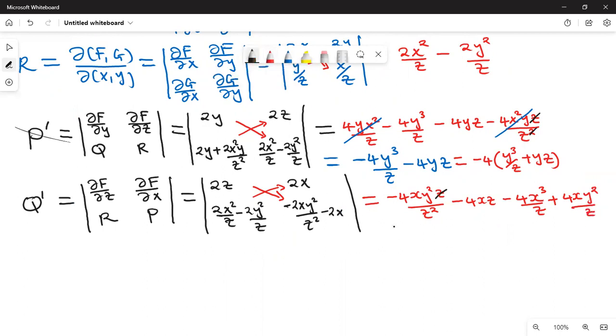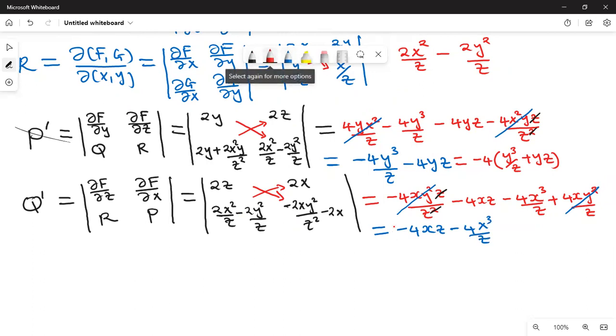This z will cancel with one of the z, so that we have negative 4xy squared over z. And also the last term is positive 4xy squared over z. So those two will cancel. The whole of this term will cancel with this. So we remain with negative 4xz minus 4x cubed over z.